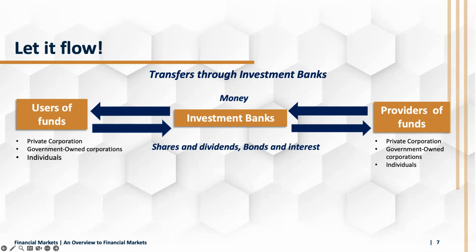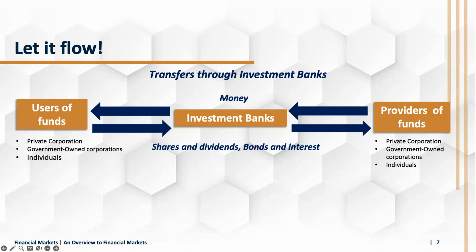And the investment banks on the other side will also face the users of funds and provide them with the money they need. So essentially, in this transaction, there is no direct meeting between the users of funds and the providers of funds because it is through investment banks that these happen.